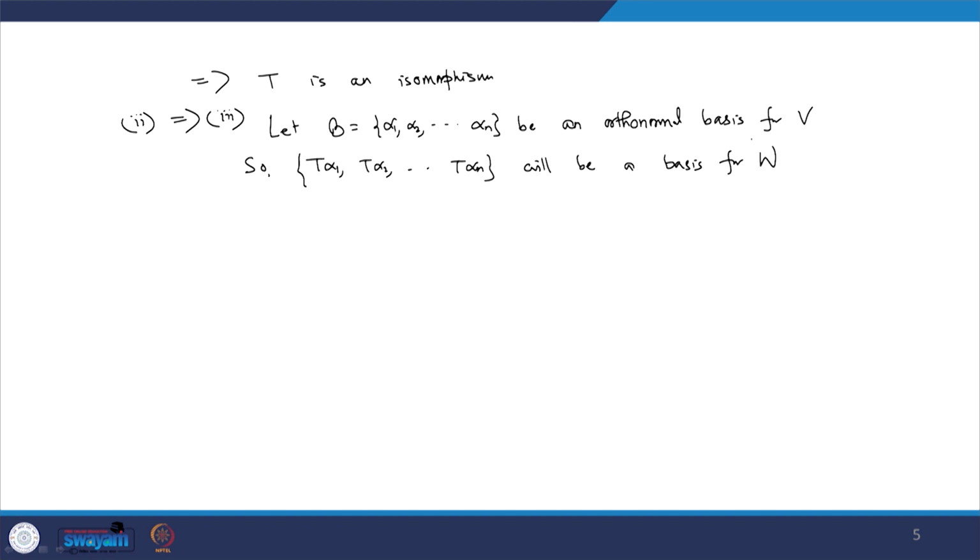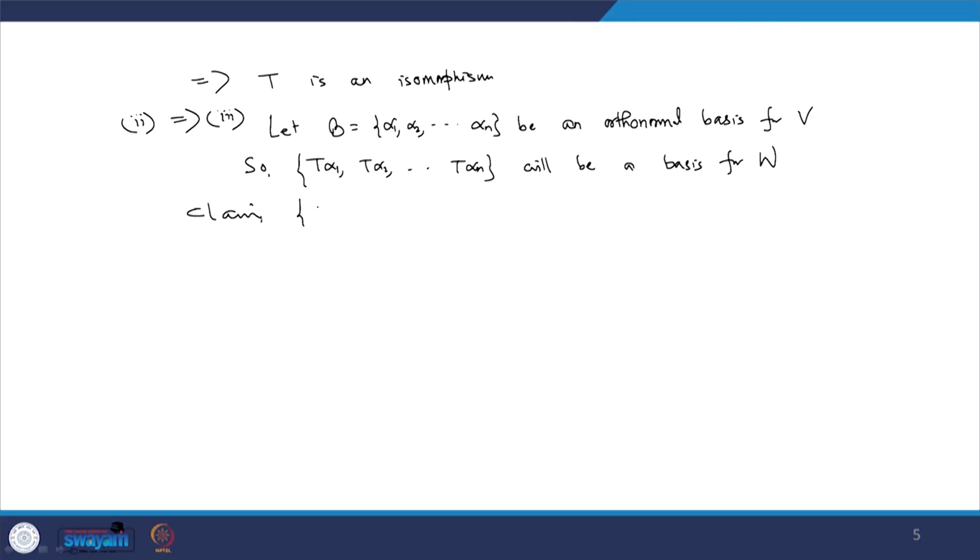We know that T carries a linearly independent set to a linearly independent set. So, on that basis, if B is an orthonormal basis, then T alpha 1, T alpha 2, up to T alpha n has to be a basis for W. But my claim is that T alpha 1, T alpha 2, up to T alpha n is an orthonormal basis for W.